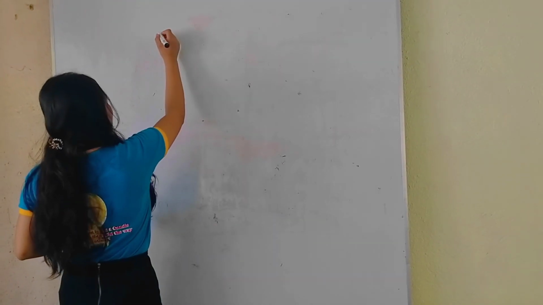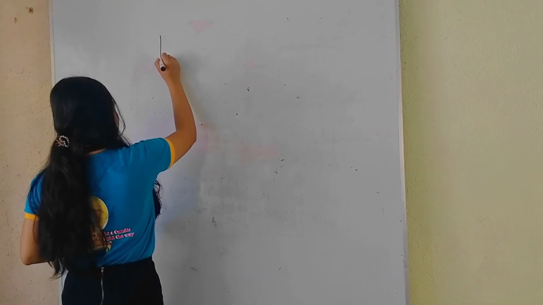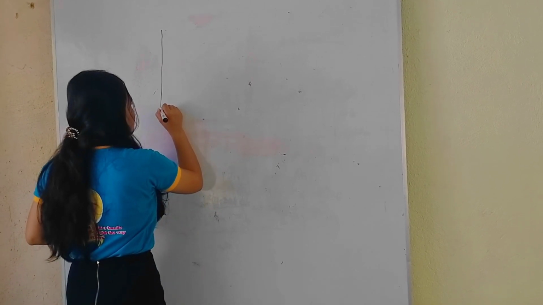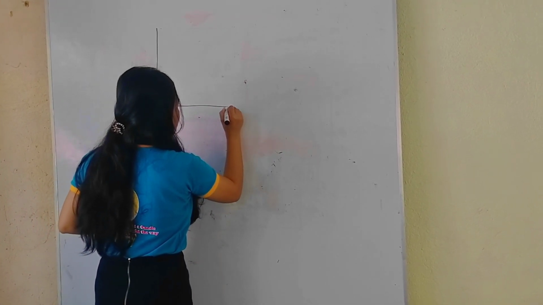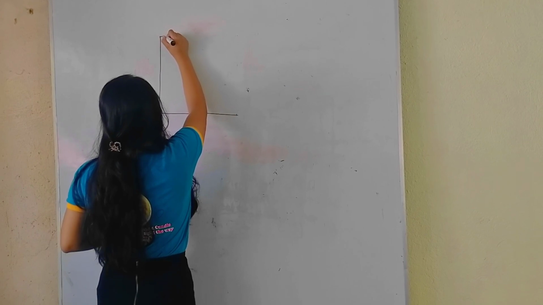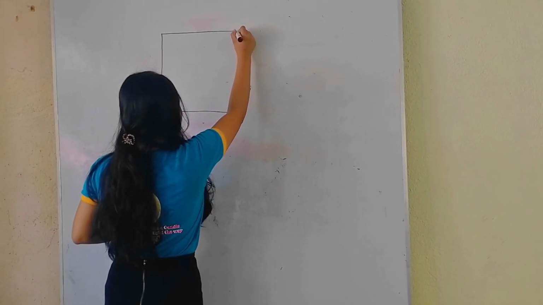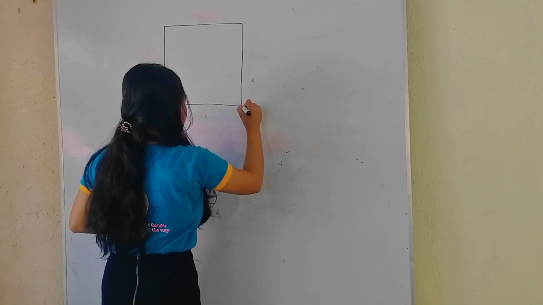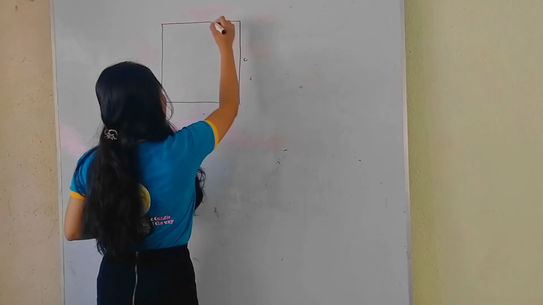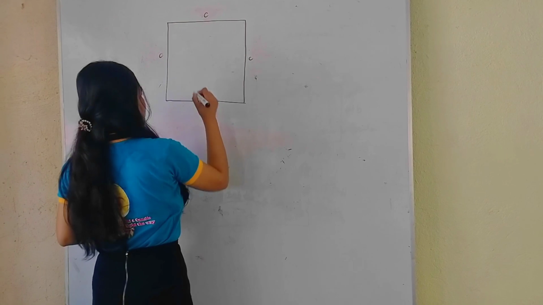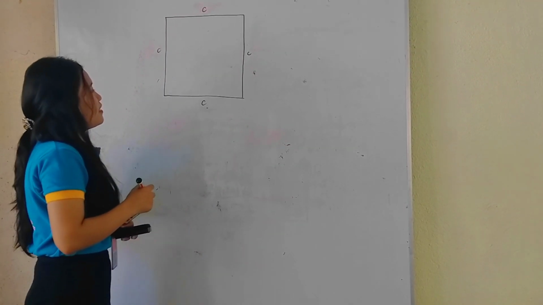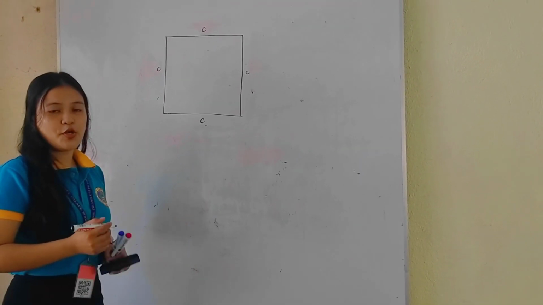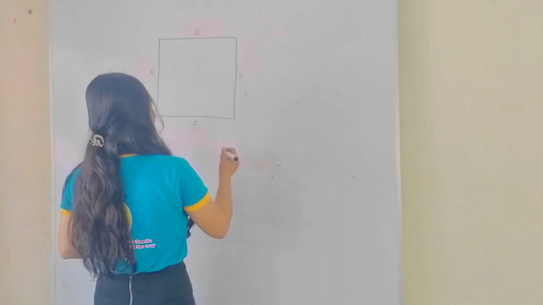So first, we will draw a square. This square has a side of C units. Next, we will draw a right triangle.